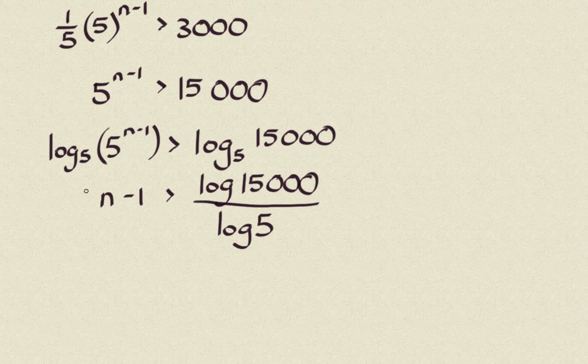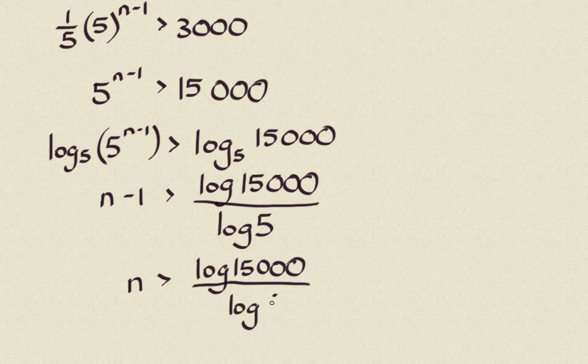Okay, last thing to do is add the 1 to both sides. So we've got this value here which we'll calculate with the calculator, and then we'll add on 1. And when we do that, we get a decimal value of 6.974 and so on.